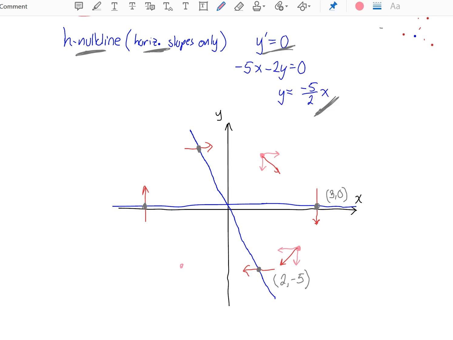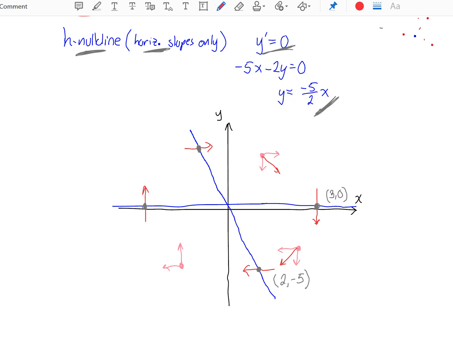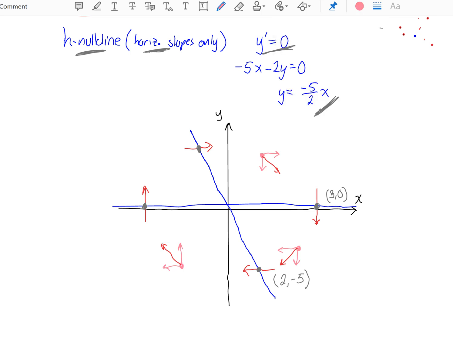A solution in this region will be moving up and to the left, and in general, up and to the left. Lastly, a solution in this region, we're moving up and to the right, and in general, up and to the right in some way.